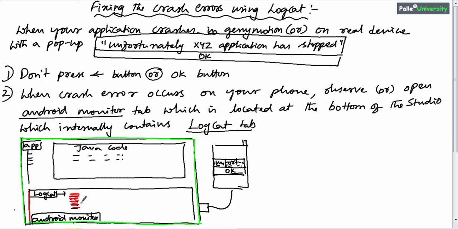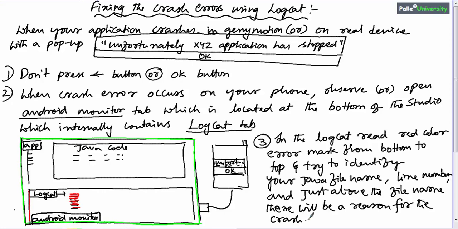Now step 3 is, when Logcat shows red color error marks, read those red color error marks from bottom to top in this direction and try to identify in these red color error marks the Java file name which has caused the crash.